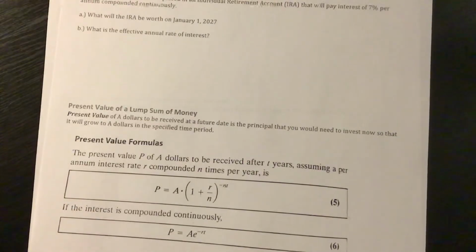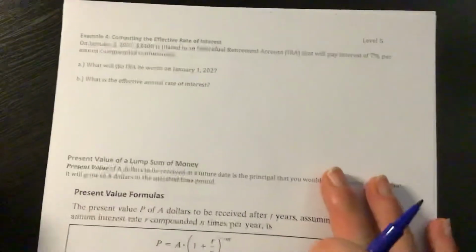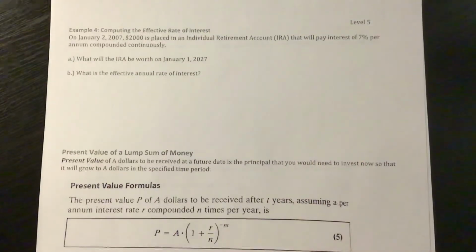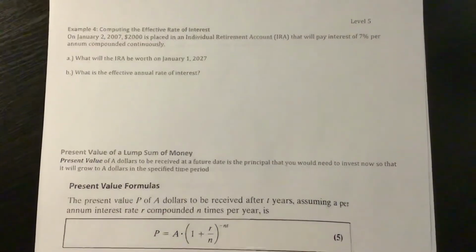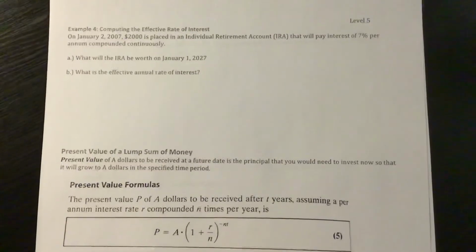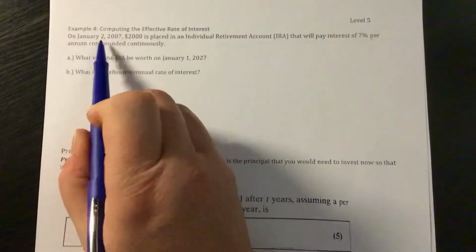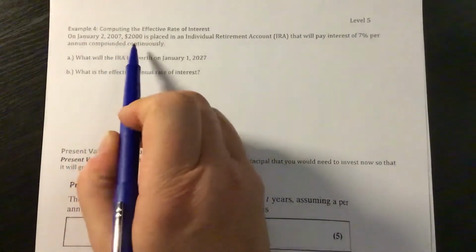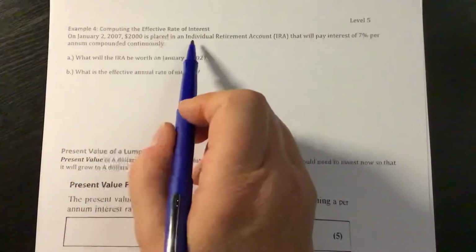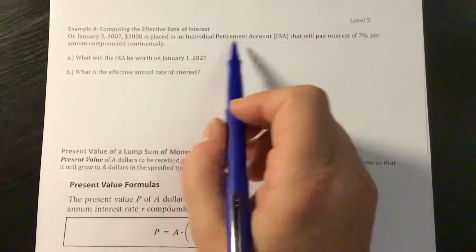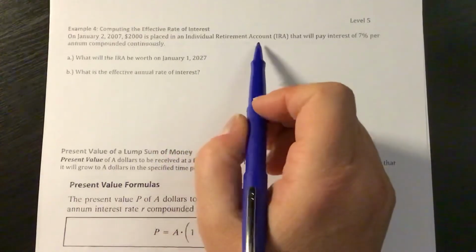All right, so the next one is asking us to compute the effective rate of interest. So here's a scenario. On January 2nd, 2007, you put $2,000 into an IRA, which is an individual retirement account.